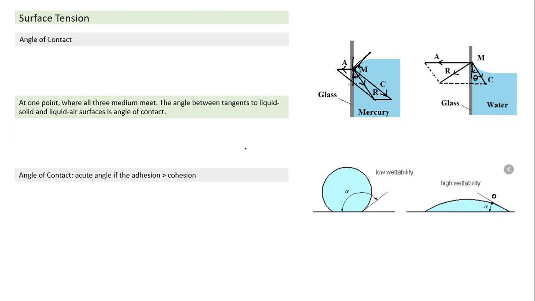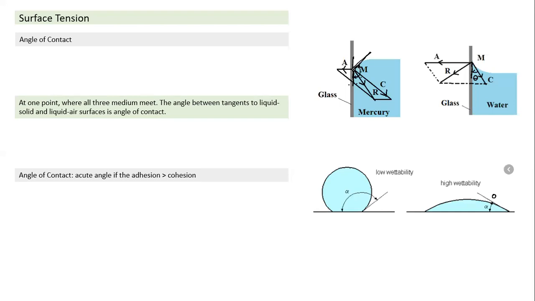Acute angle, and what makes it acute? In the case of mercury, the liquid molecule at the boundary experiences force due to the glass. It also experiences force due to the mercury. The force between liquid molecule and glass is called the force of adhesion, between two dissimilar things. Cohesion is between similar medium.